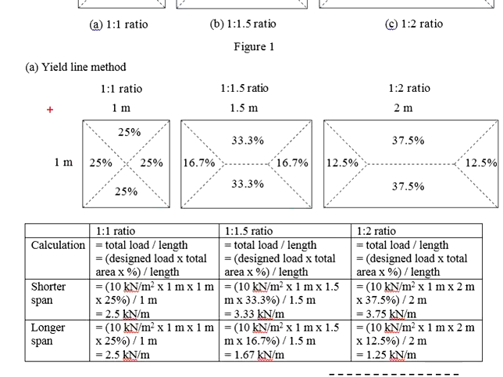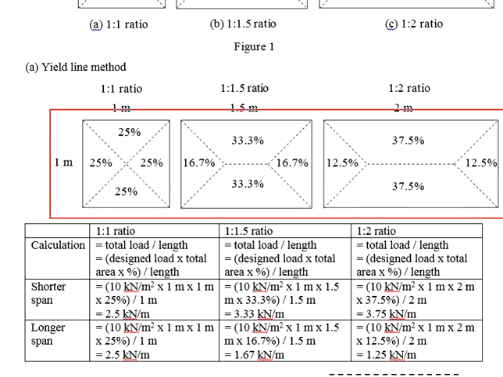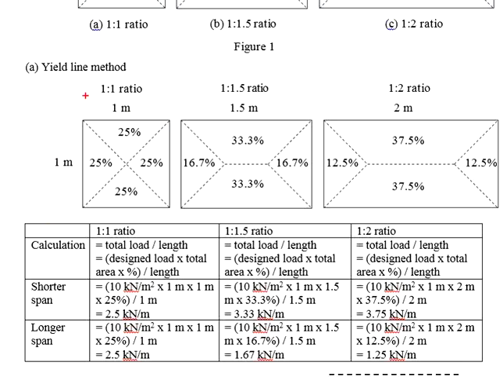The figure here demonstrates to us how the U-lines are constructed for the slabs of various ratio. For any slab given, starting from a corner, draw a 45-degree line, and then you will do the same for the other corners, here and here.